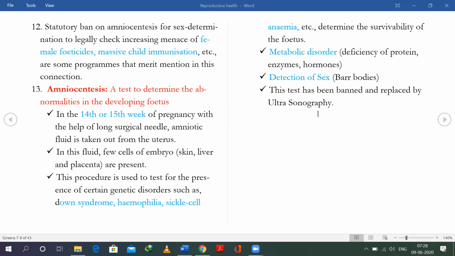I don't need to write that, since it has already been presented here. You can see it is used to find out genetic disorders. We have given 3 genetic disorders here: Down syndrome, hemophilia, and sickle cell anemia.